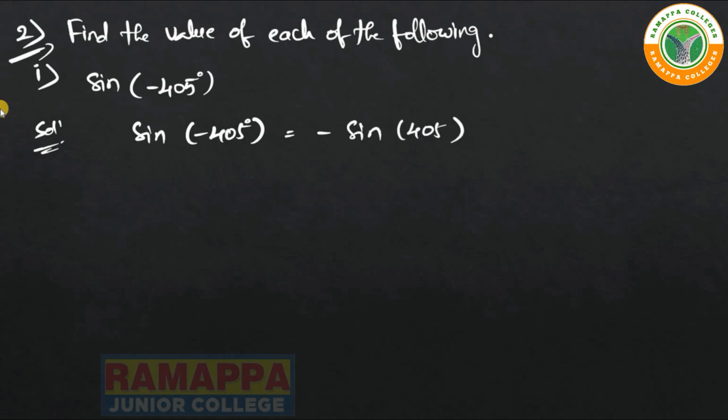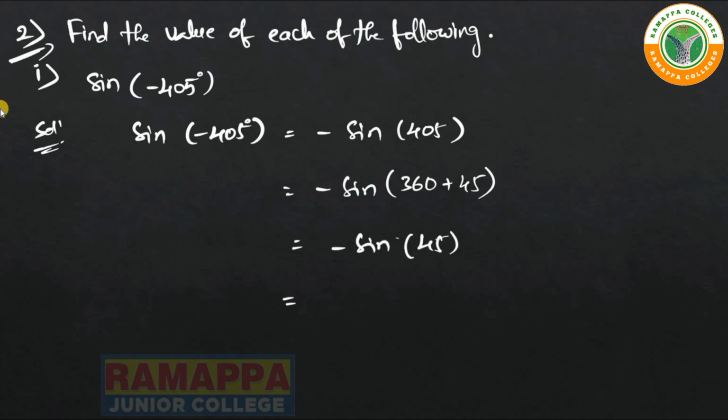We can write it as sin of 360 plus 45. So sin of 360 plus theta is sin theta, so we can write it as minus sin 45. What is the sin 45 value? It is 1 by root 2, so minus 1 by root 2. So this is the answer here.